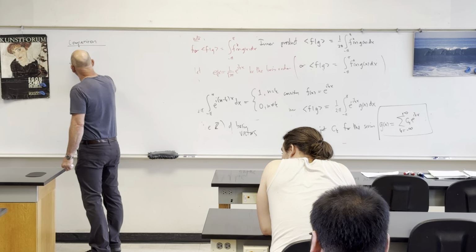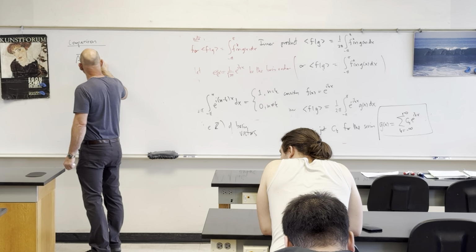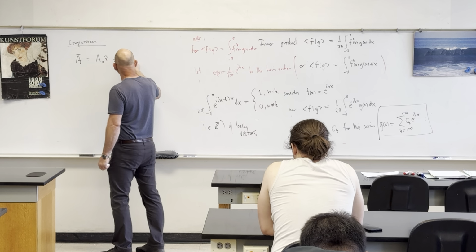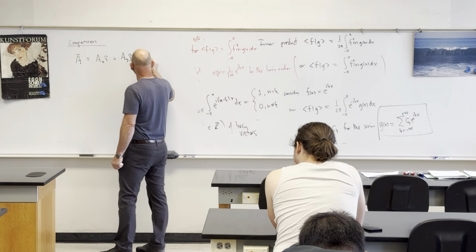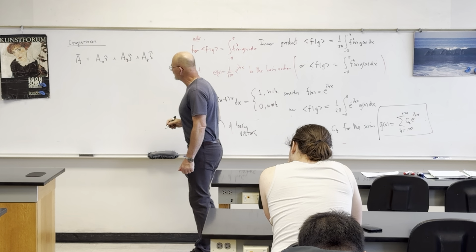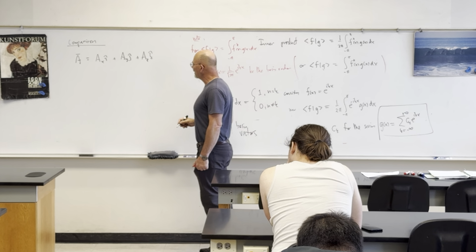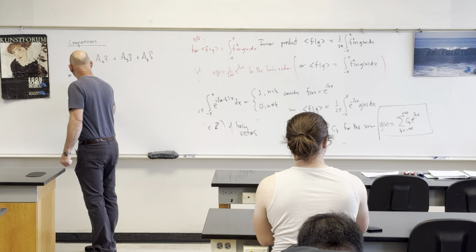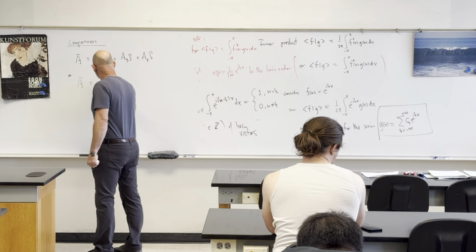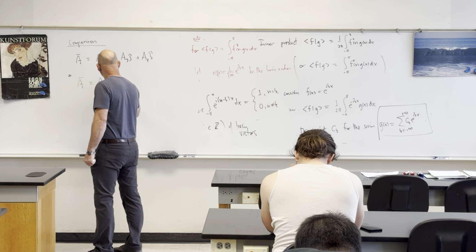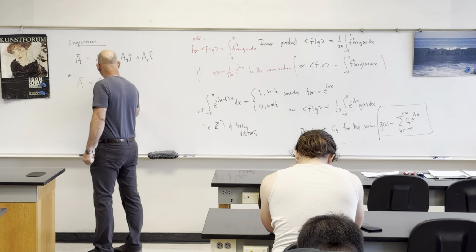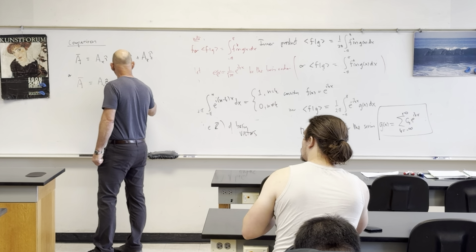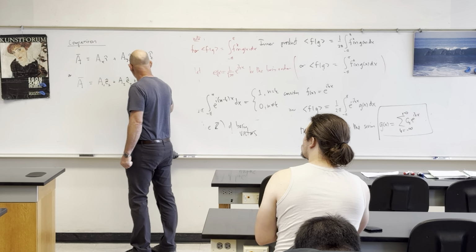Suppose we have A equals A sub x i hat plus A sub y j hat plus A sub z k hat. And we could get some slightly more general form of this: A sub 1 e hat sub 1, A sub 2 e hat sub 2, A sub 3 e hat sub 3.